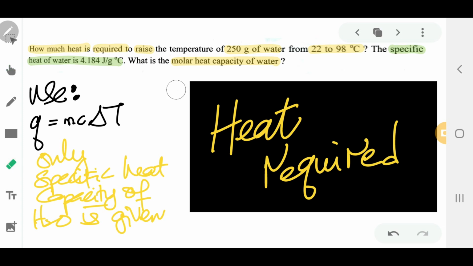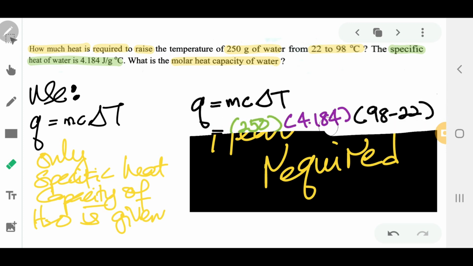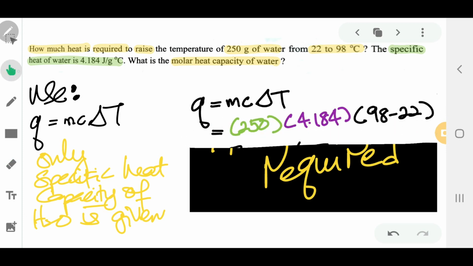Thus, for the heat required, I'm just going to substitute all the information that we have in there. 250 grams of water, 4.184 specific heat capacity of the water, and the delta T is 98 minus 22.